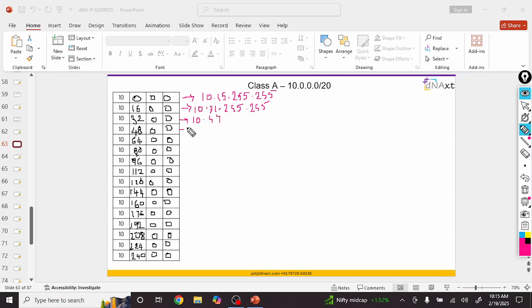For the next, it will be 10.63.255.255. For 10.64.0.0, it will be 10.79.255.255 broadcast ID. We are writing broadcast IDs over here. These are the network IDs of all of your 16 sub-networks. These are the broadcast IDs.